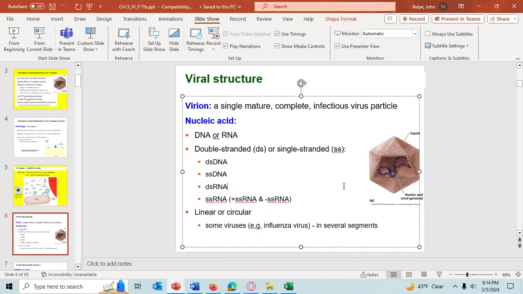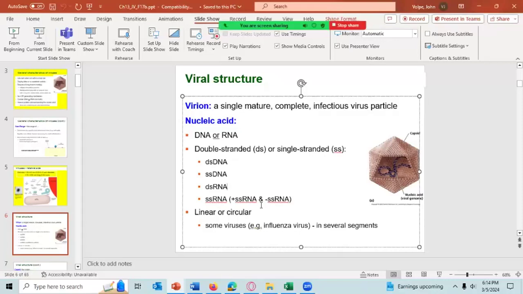The positive single-strand RNA is a strand of RNA that encodes AUG, and these codons can be read by the ribosome to translate the viral positive single-strand RNA into a protein.